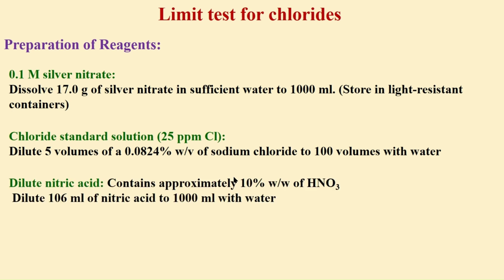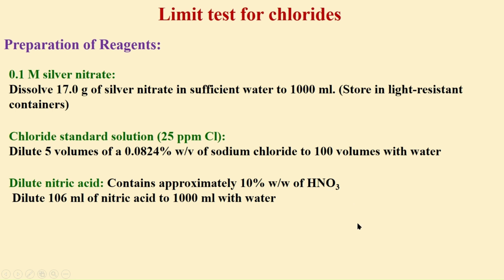How to prepare dilute nitric acid? Dilute nitric acid is 10% weight by weight of nitric acid. But nitric acid is in liquid form. When we have to take a liquid, we calculate the weight per volume or density.